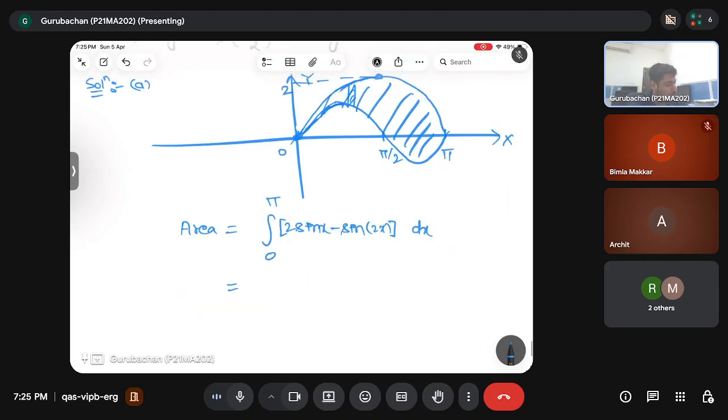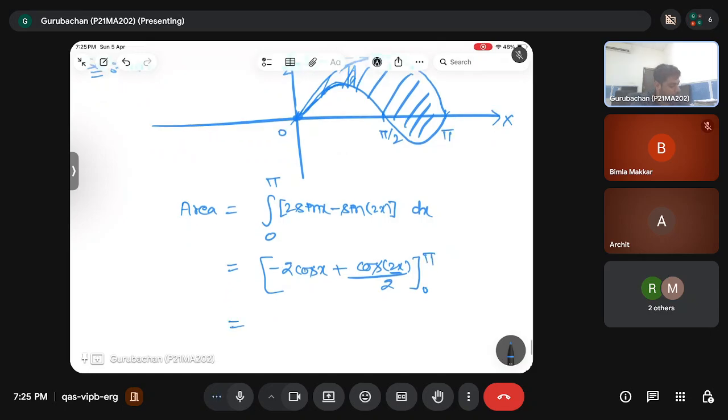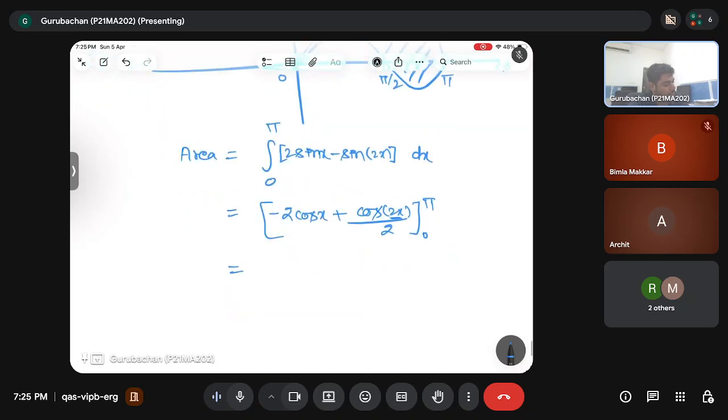So this will be minus 2 cos x, and obviously now you know that here it is a multiplication of 2, so there will be a division of 2. We have practiced these rules of substitution in the previous class. So this will be minus 2 cos pi.